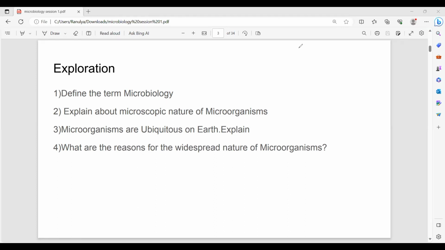Second point, they have high surface area to exchange materials with the external environment efficiently.